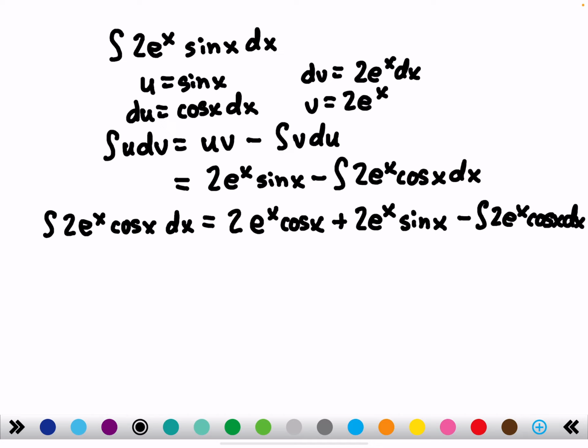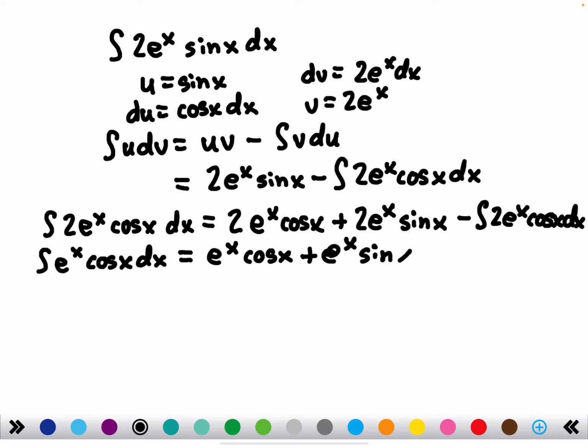So let's get rid of all these 2's. Every term we can divide a 2 out of, so the integral of e to the x cosine x dx equals e to the x cosine x plus e to the x sine x minus the integral of e to the x cosine x dx.